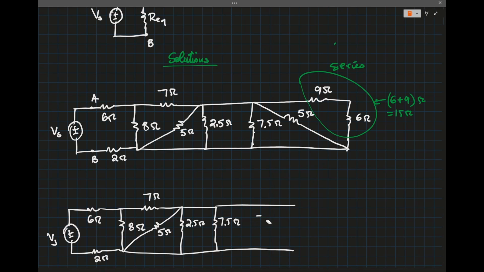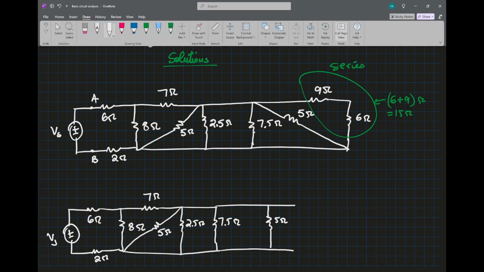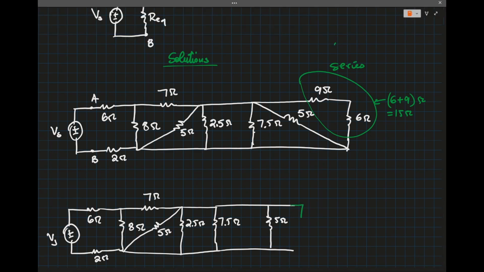If you like, I can draw the 5 ohms like this, and then the 15 ohms is here.